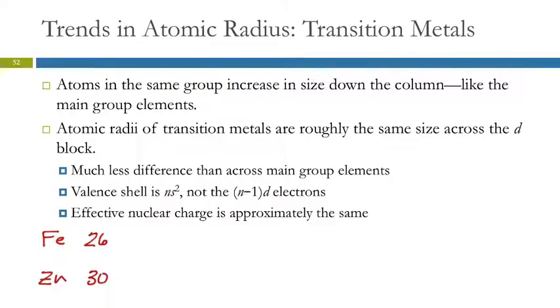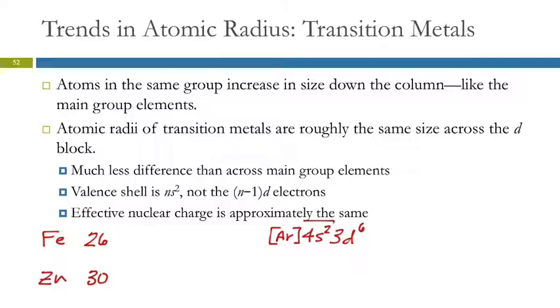Okay, so how many core electrons does iron have? How many valence electrons does iron have? Iron has 2. So iron is argon plus 4s2, and then we're filling in 3d: 1, 2, 3, 4, 5, 6. 3d6.